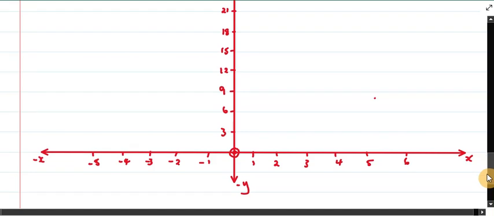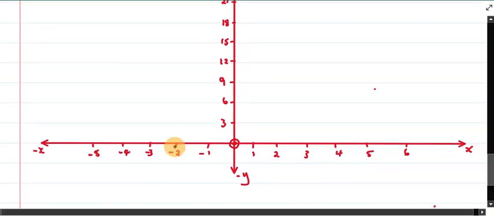I have the point minus 2, 0. I have a point here, which is 3, 0. And I have the y-intercept point, because the y-intercept is where x is equal to 0. So that means I have a point here, and a point slightly there.